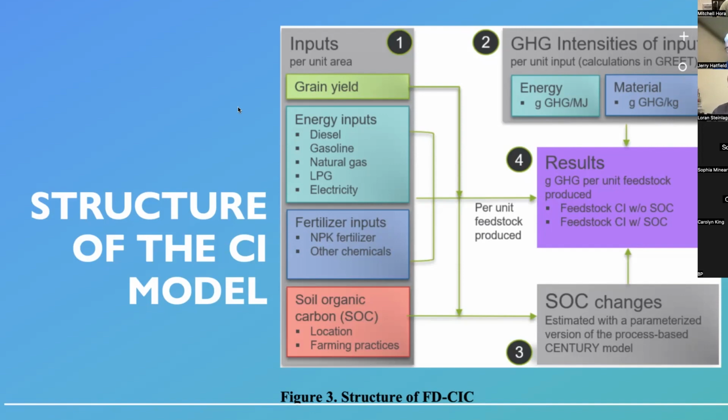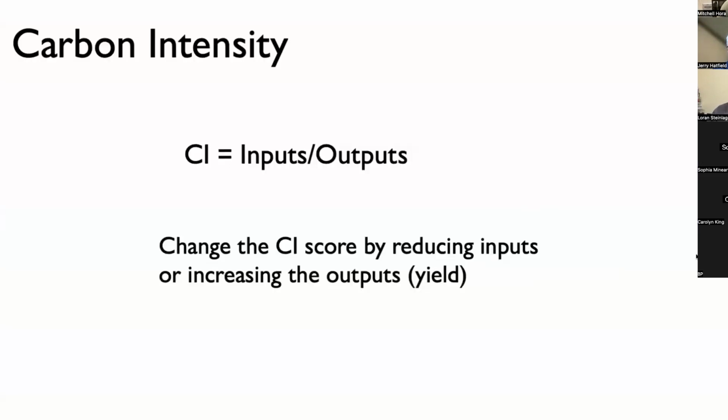But let's go to the next one, because I think this now gets into the heart of this. The carbon intensity is very simply inputs versus outputs. And if you think about the CI score as some sort of surrogate for profitability: if you want more profit, what do you do?